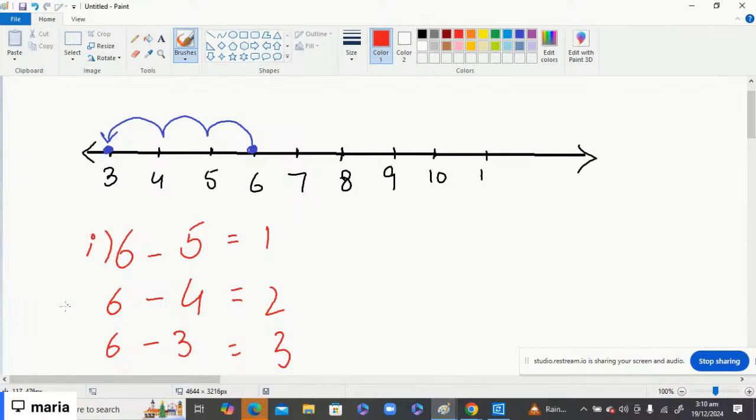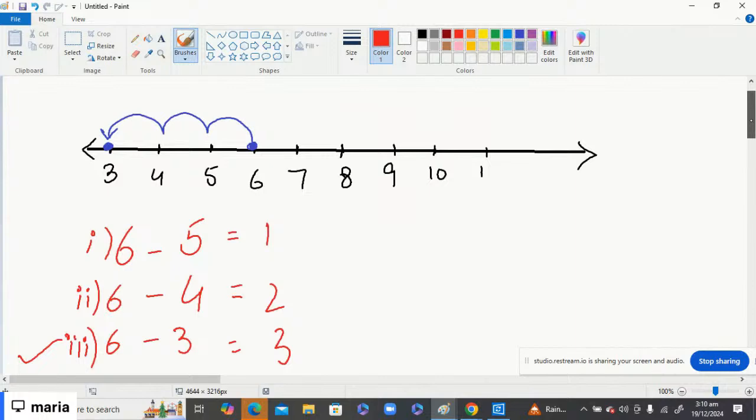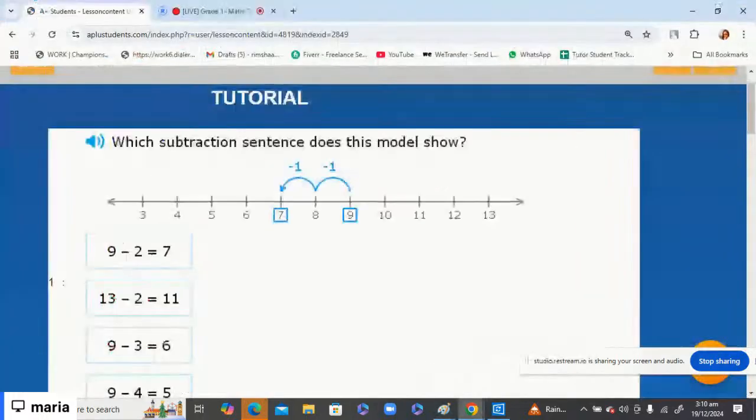Option 1, option 2, or option 3, everyone tell me in the chat. It's option 3. Okay, that's it. Now let's do the test questions.